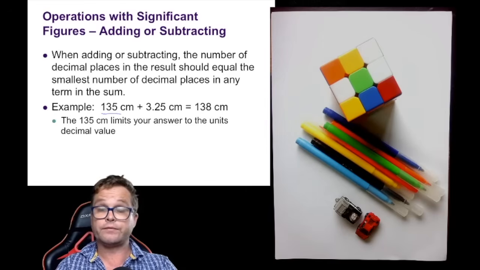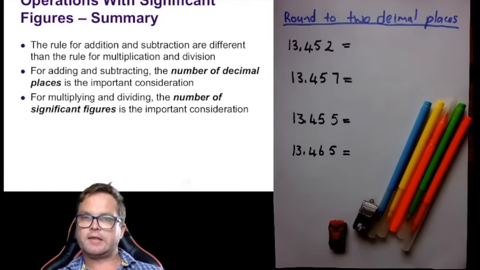It has no digits after a decimal point, whereas 3.25 has 2 decimal places. When we write our answer, it needs to have the same number of decimal places as the least. And here we had 0, so we write the answer with 0 decimal places. So as we've seen, when dealing with adding and subtracting, the number of decimal places is the important consideration. For multiplying and dividing, the number of significant figures is the most important consideration.